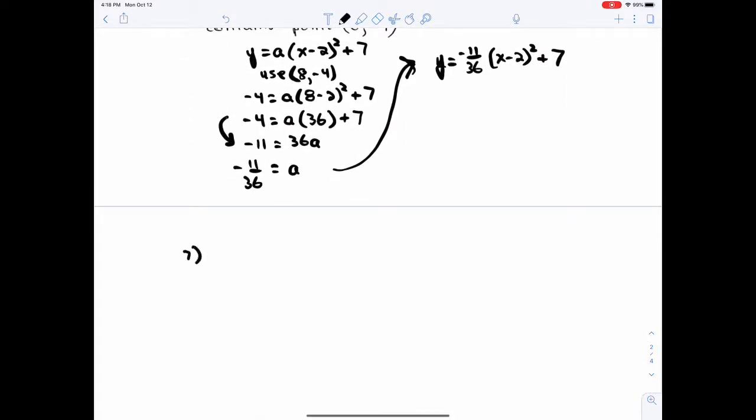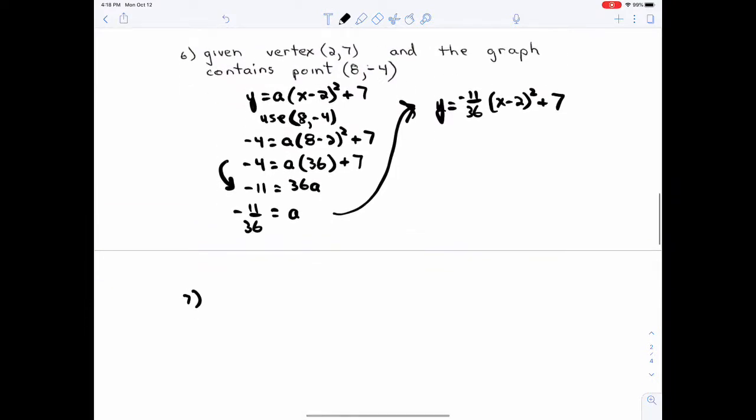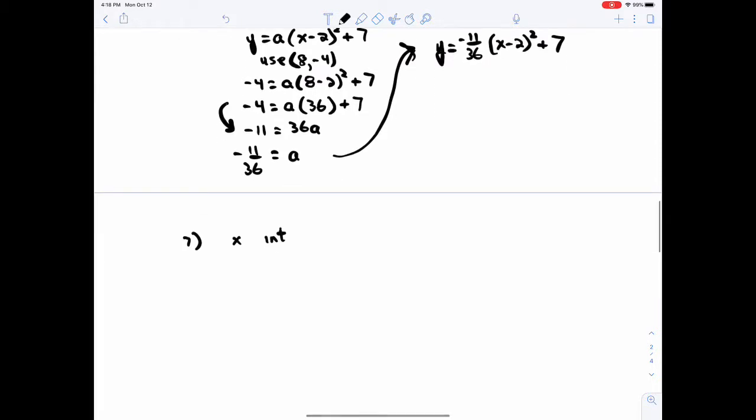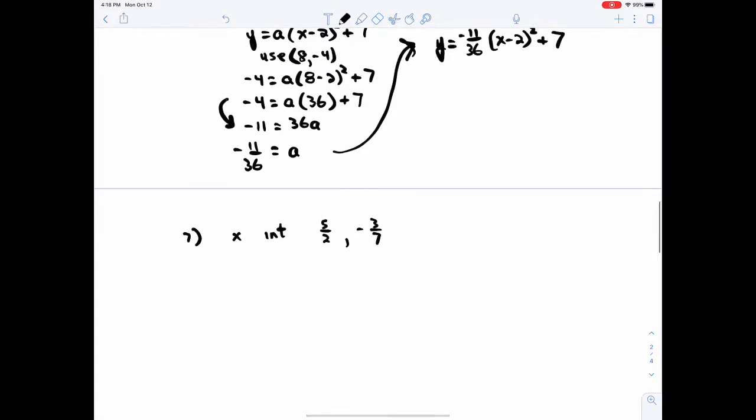Okay, let's say I give it to you here, given the x-intercepts. Let's say 5 halves and negative 3/7. Okay? And I'm not going to tell you anything else.